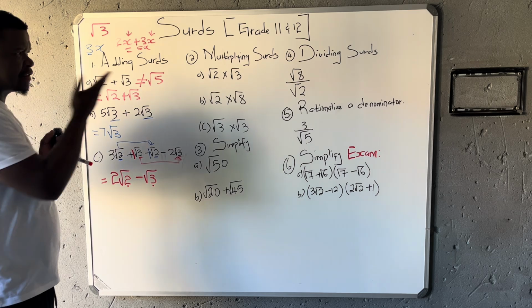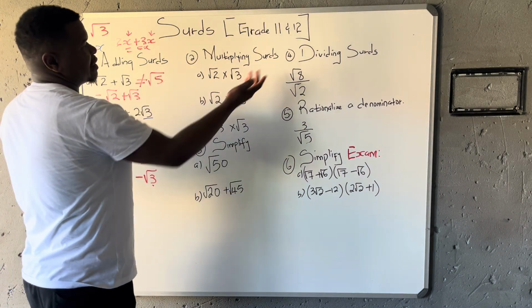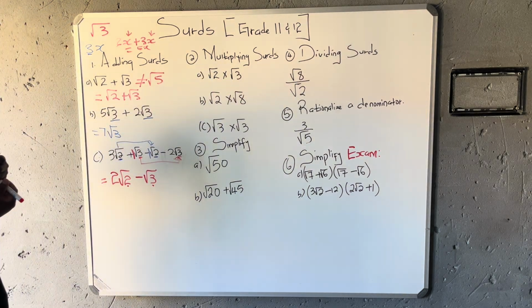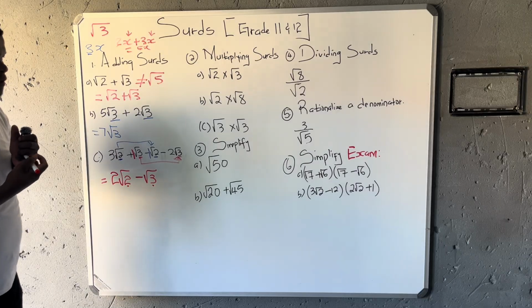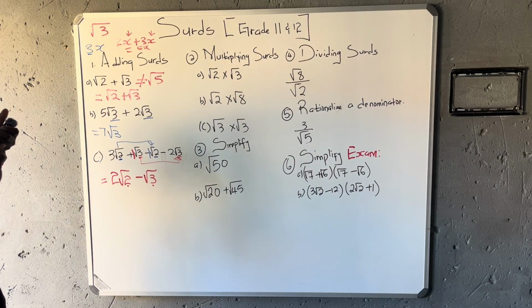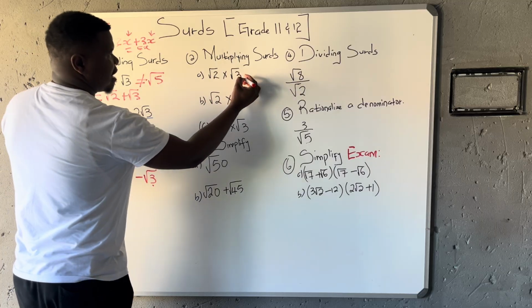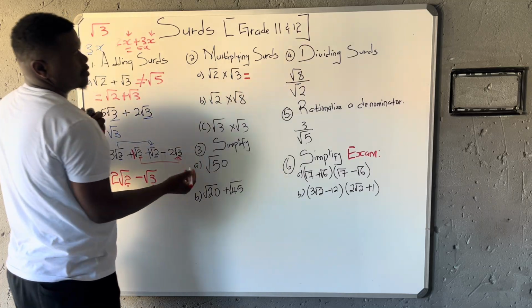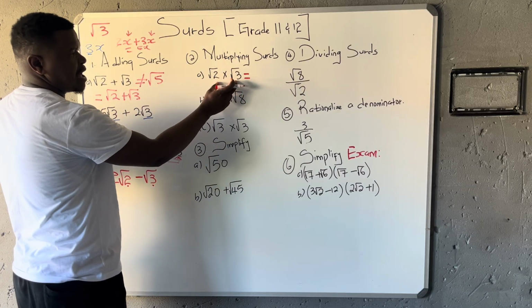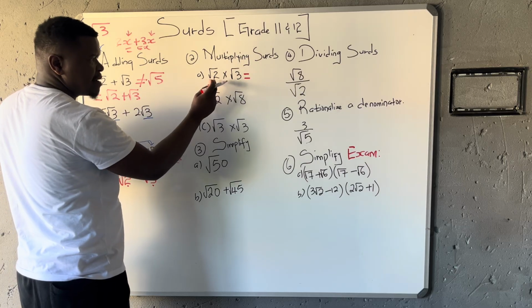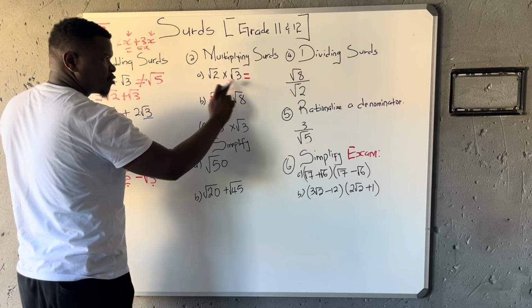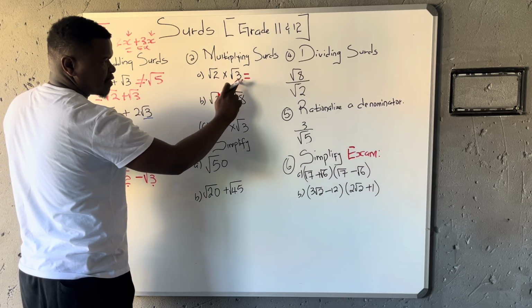All right, now let's check. We are dealing with multiplying surds. When you multiply surds, consider this. I have to check the number inside the square root. I can multiply the numbers inside the square root, meaning what is 2 times 3?